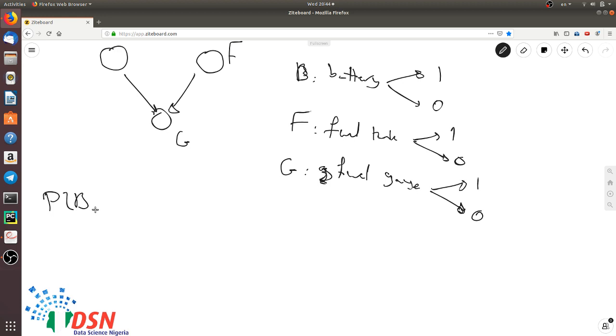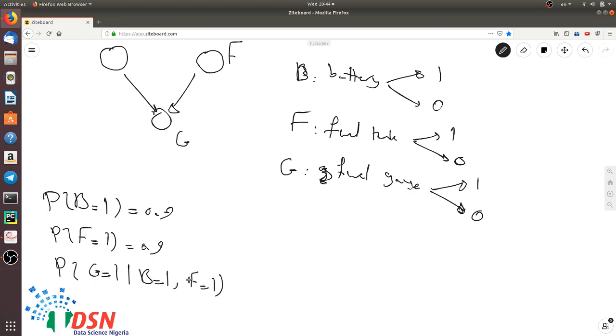P of B equal to 1 means that the probability the battery is charged is 90%. The probability of the fuel tank being full is 90%. The probability of gauge equal to 1, meaning that the gauge shows full, conditioned on the battery being full and the tank being full is 80%.